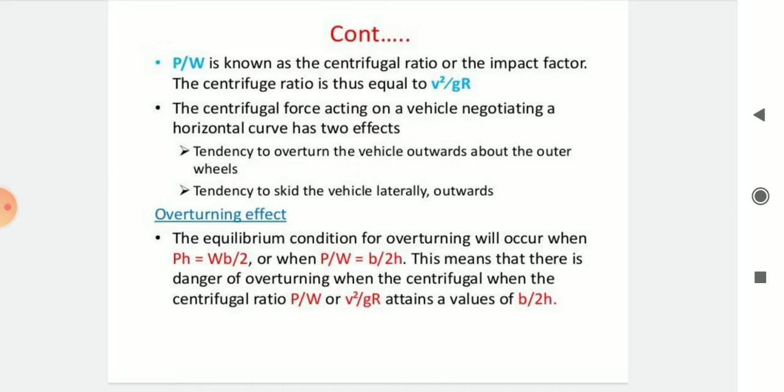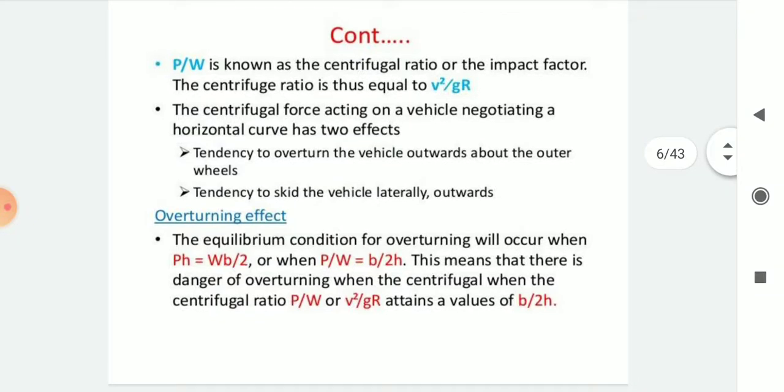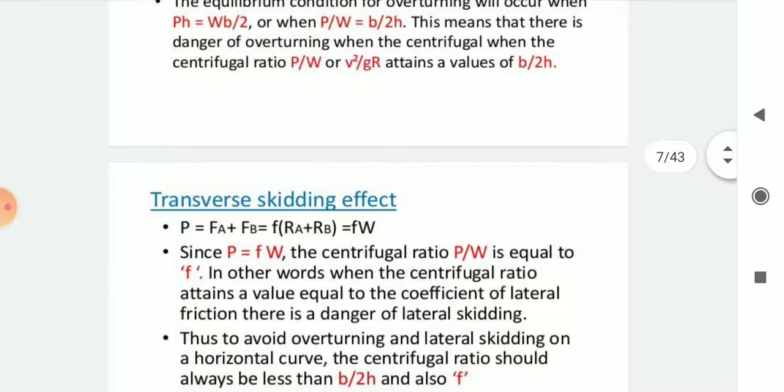The equilibrium condition for overturning will occur when Ph = Wb/2, or when P/W = b/2h. This means that there is a danger of overturning when the centrifugal ratio P/W or V²/gR attains a value of b/2h.